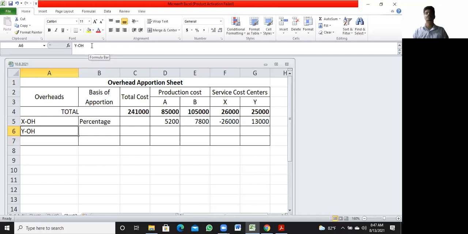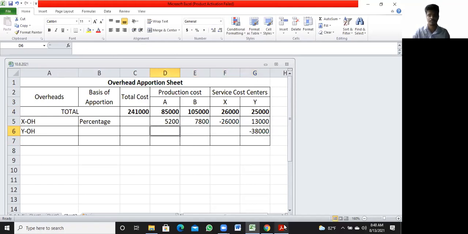Now the total cost within Y is how much? 25,000. But another cost has been added from this as well, 13,000. So 25,000 plus 13,000, all together we need to deduct 38,000.